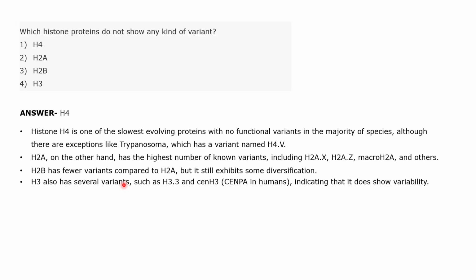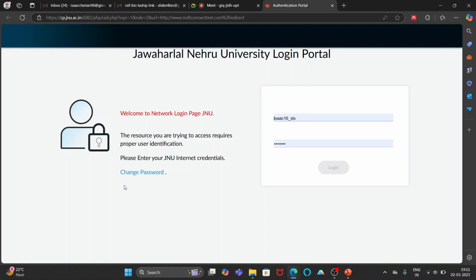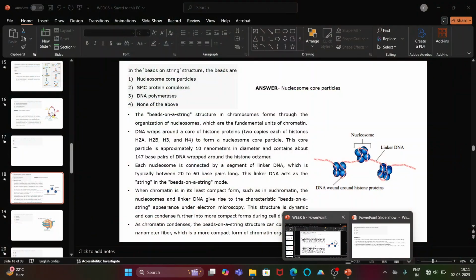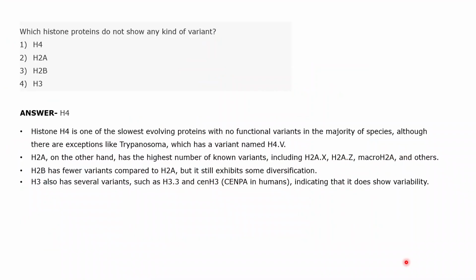And also H3, as we have discussed before, has some variants. Sorry for that, there was some network issue.